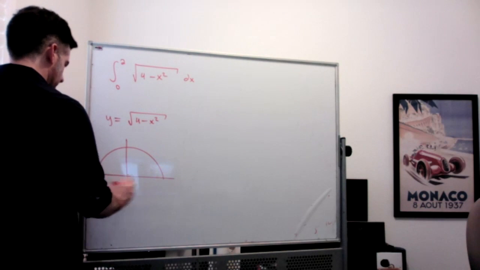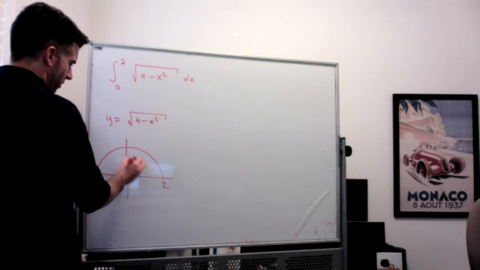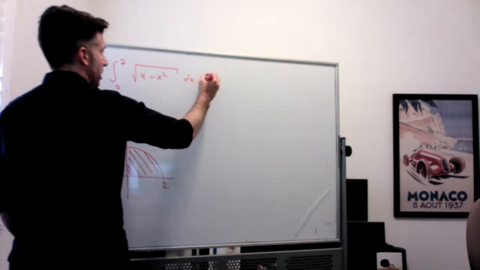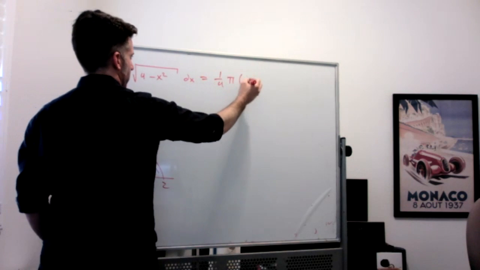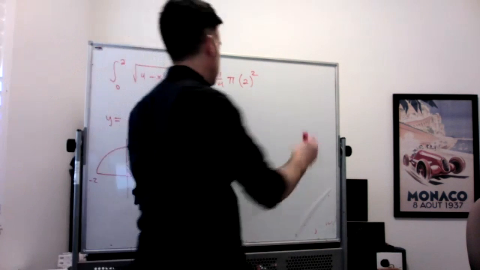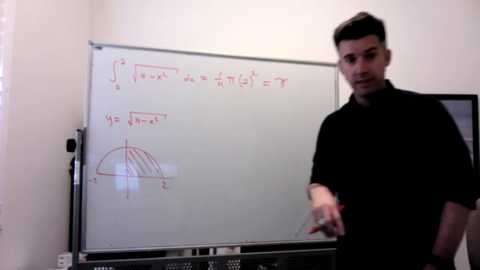It has intercepts at -2 and 2. If we're going from 0 to 2, I'm just getting this quarter of a circle, and I know the area of a quarter of a circle. It's 1/4 pi times the radius squared. So the integral here should just end up equaling pi, which it does.